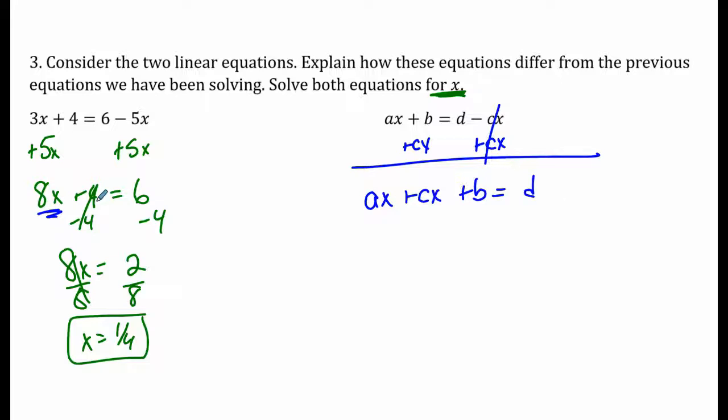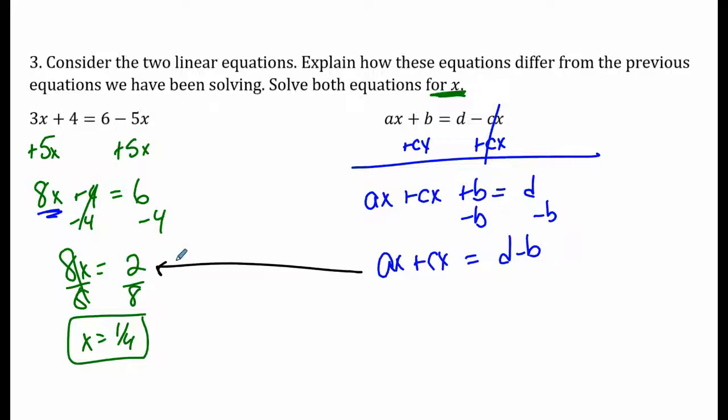Well, then I subtracted that 4. So let me subtract the b from both sides. ax plus cx equals d minus b. But this is different because over here, I only had 8x. But here I have this ax plus cx.